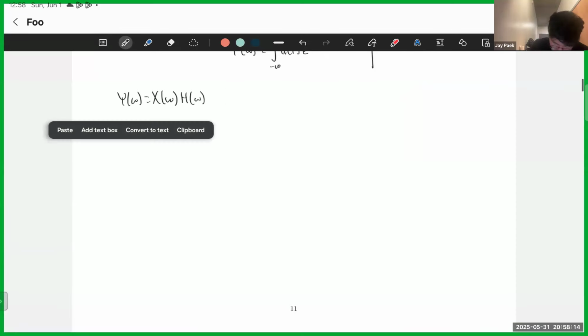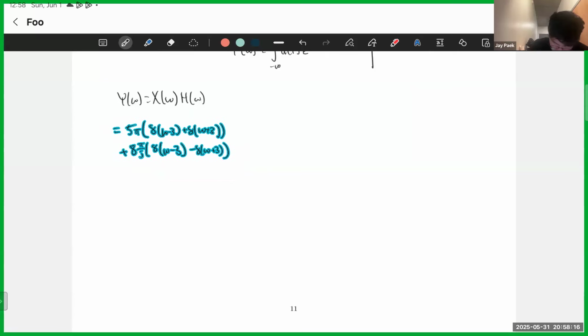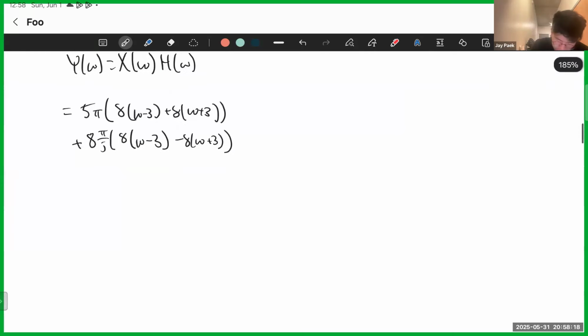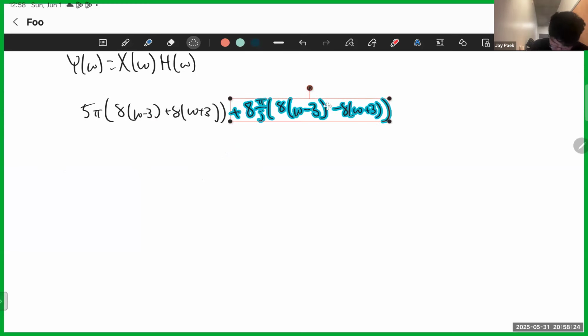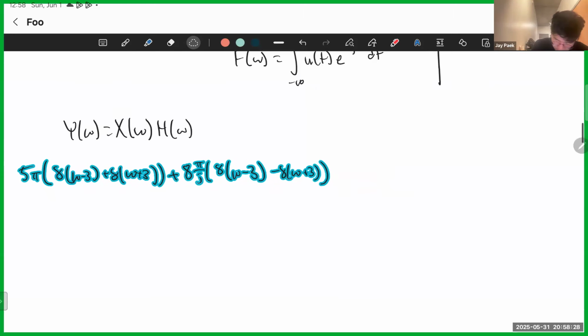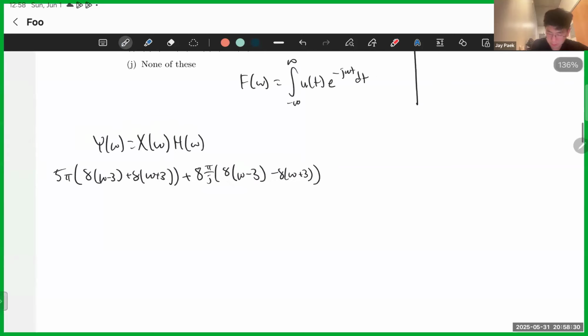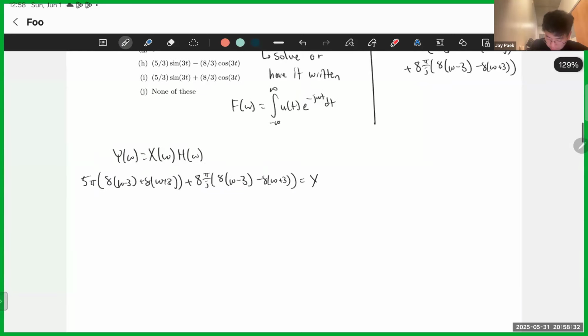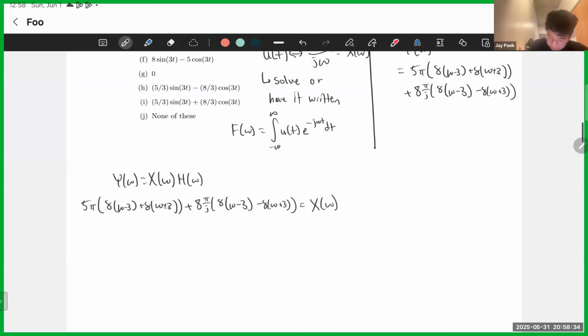There we go. Voila. This is equal to some function x of omega times h of omega.